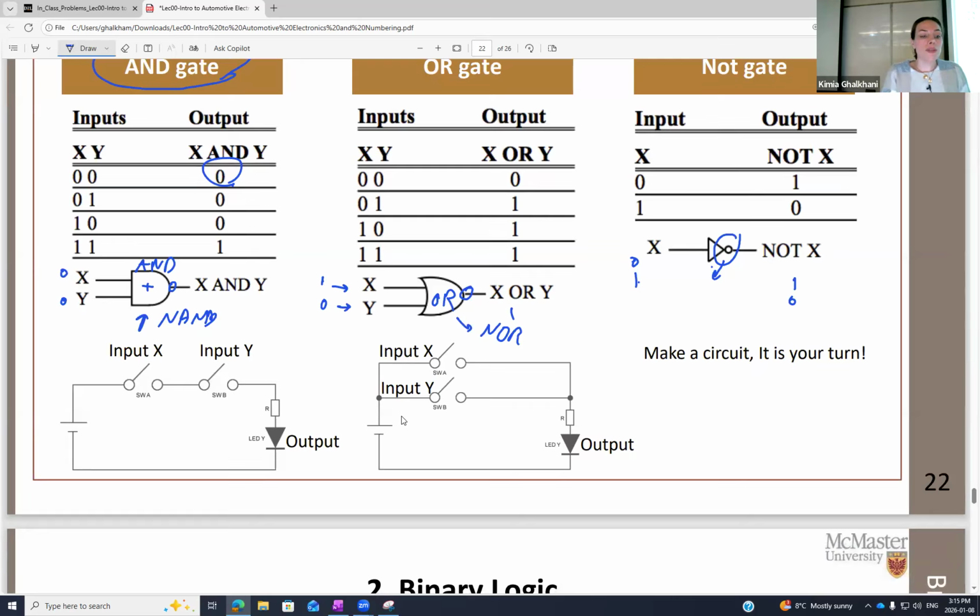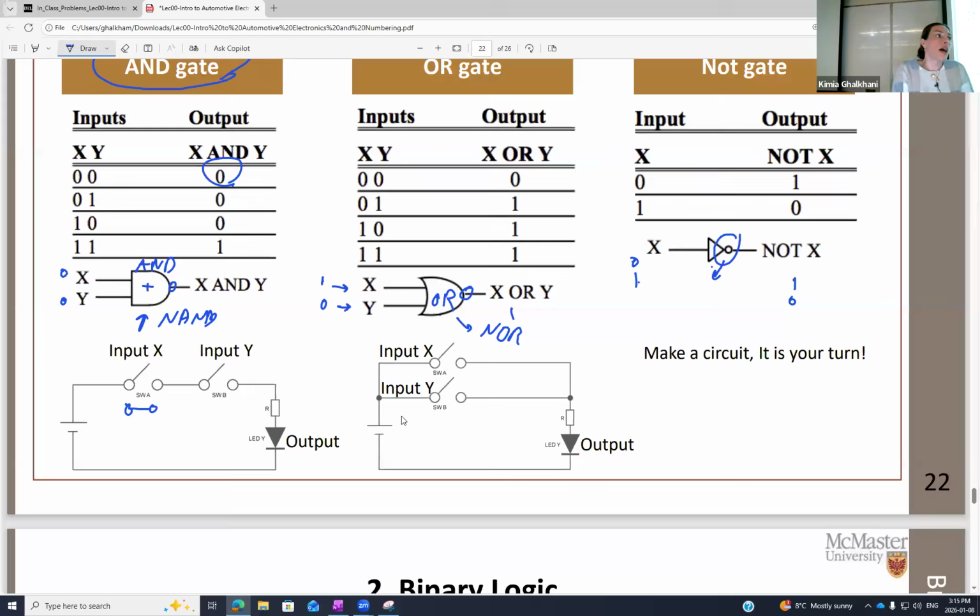So anytime we have it open, is it 0 or 1? If we have it closed like this, is it 0 or 1? 1. That's why we need to understand what will happen. Suppose this is a switch. If switch A is open and switch B is open, then I'm not having an output because 0, 0 is 0.